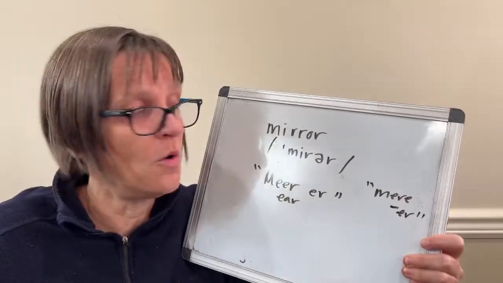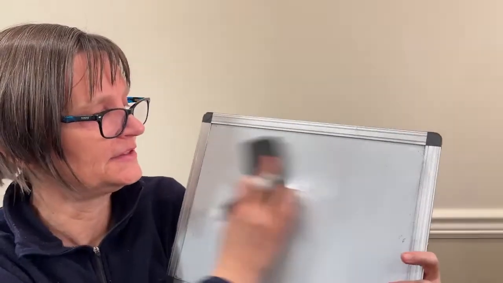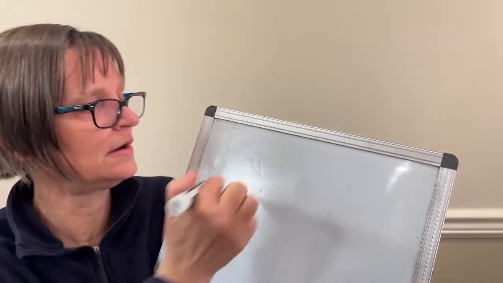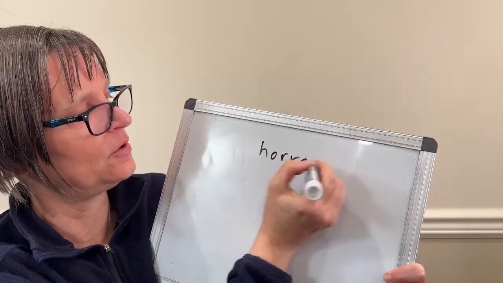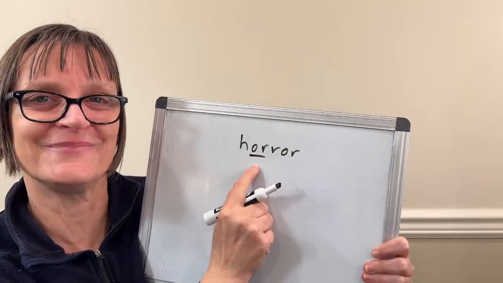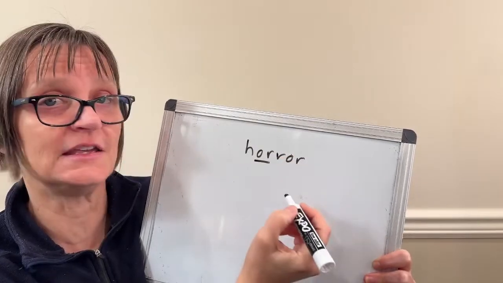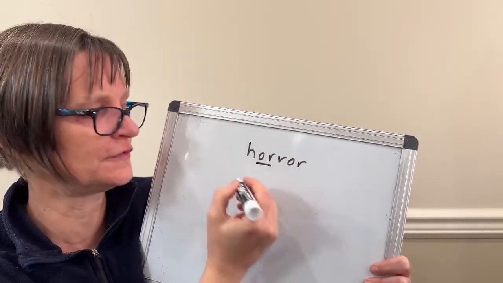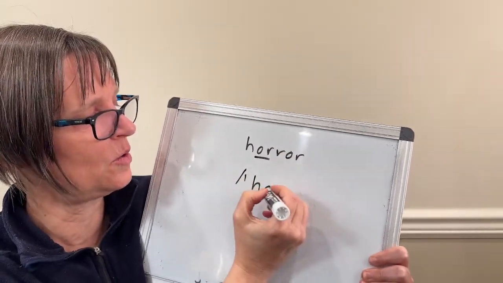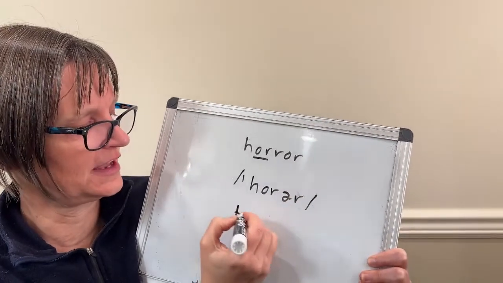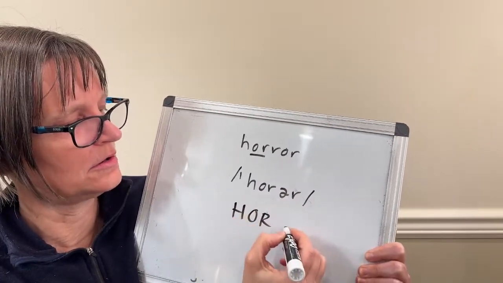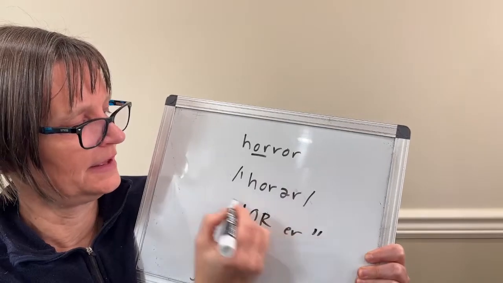And then for horror, same concept. We have the or in the first syllable. So letters O-R do say or in this syllable, but in this syllable they say the ER sound because it's unstressed. So first syllable stress, or, and then second syllable ER. So you can think of it as horror, horror.